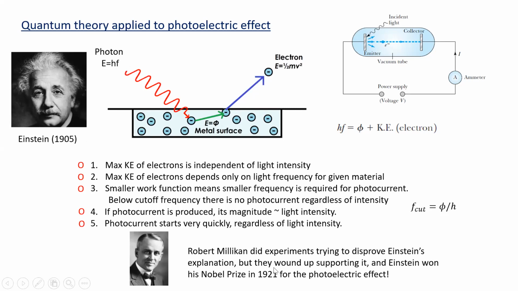But in fact, his experiments wound up supporting it, and he was man enough to admit that. And Einstein won his Nobel Prize in 1921 for this very explanation of the photoelectric effect, not for relativity, which many people think.